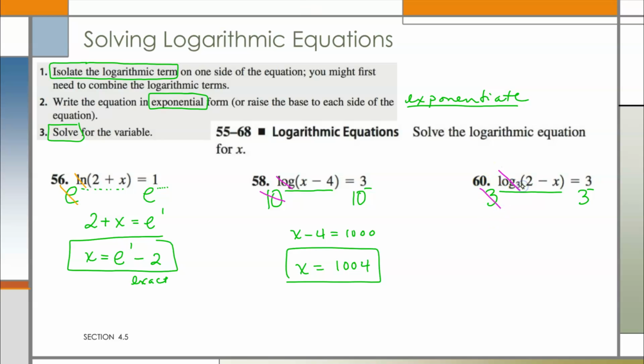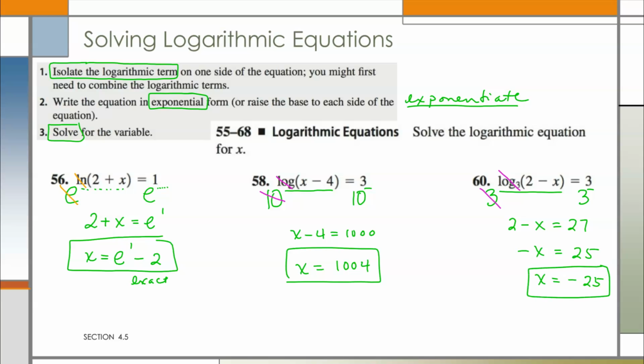Exponential base 3 cancels out a log base 3. So we're left with 2 minus x is equal to 3 cubed, which is 27. We subtract 2, and that gives us 25. And then we multiply both sides by -1, leaving us with -25.